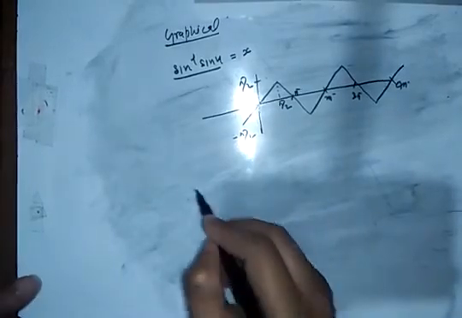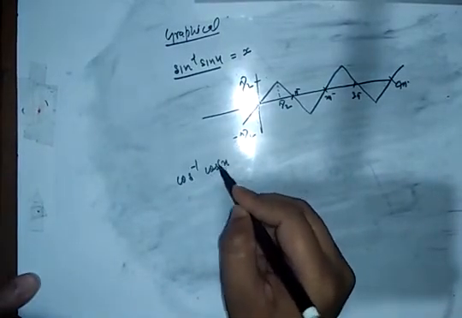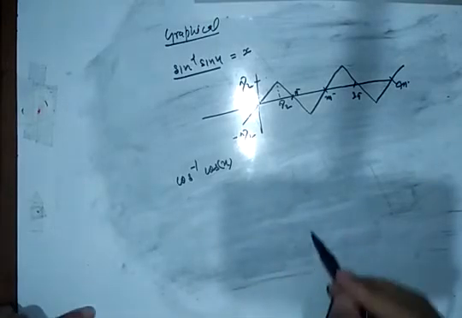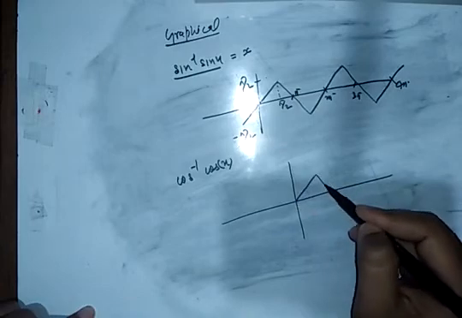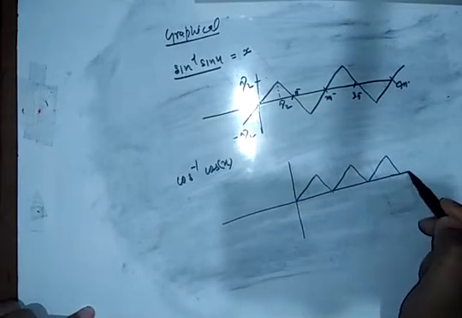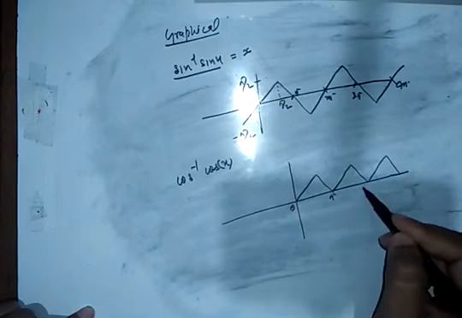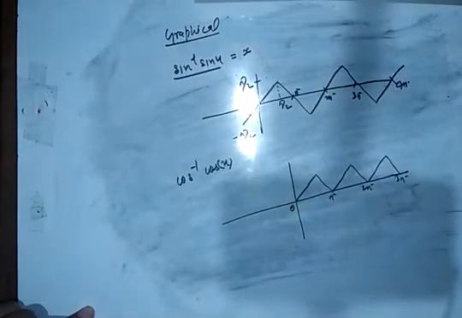In the similar way, you can draw cos inverse of cos x. If you draw the graph of cos inverse of cos x, you will see it in this way. First 0, pi, 2 pi, 3 pi, and so on.